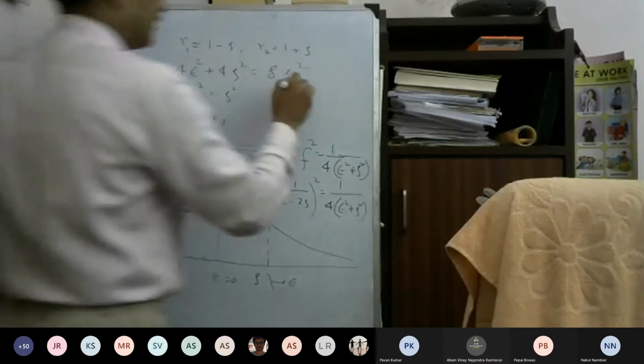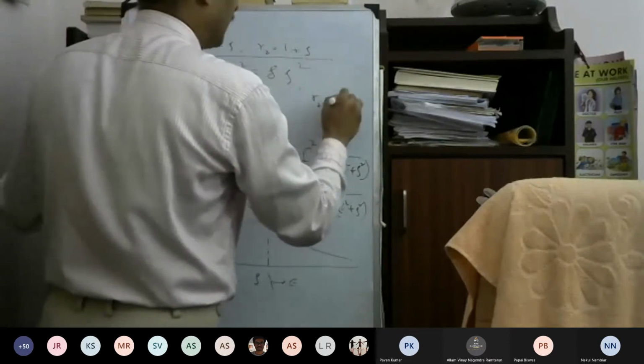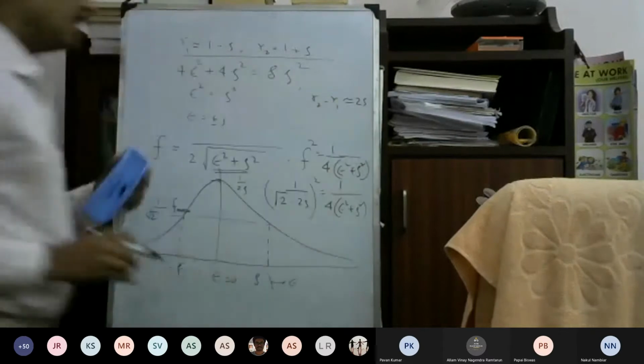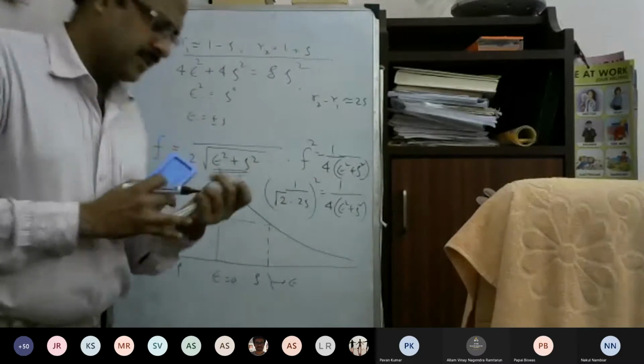So R2 minus R1 will be approximately equal to 2 zeta.